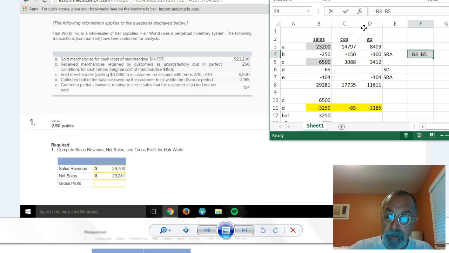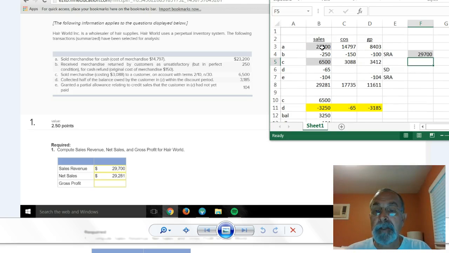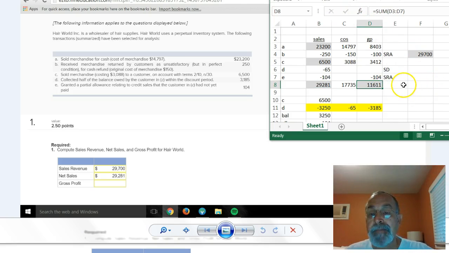Used the wrong sign. We take this plus this equals, okay, so our gross sales is 29,700 and our net sales, which we have calculated in this little spreadsheet section here, 29,281, and our gross profit, if all of our work here is correct, should be 11,611.